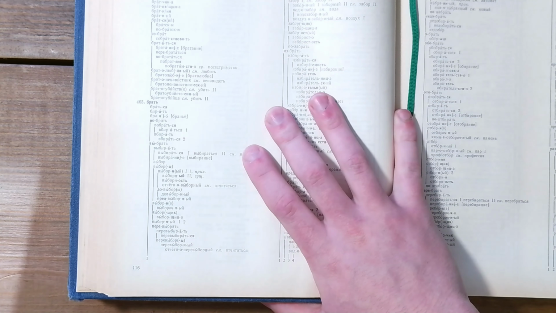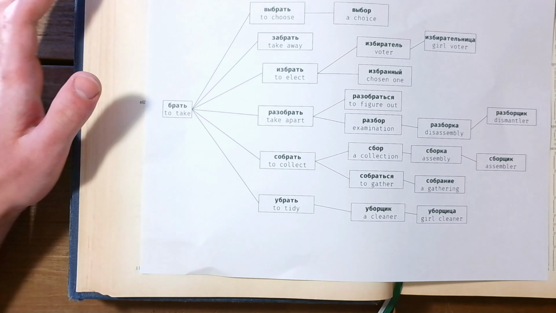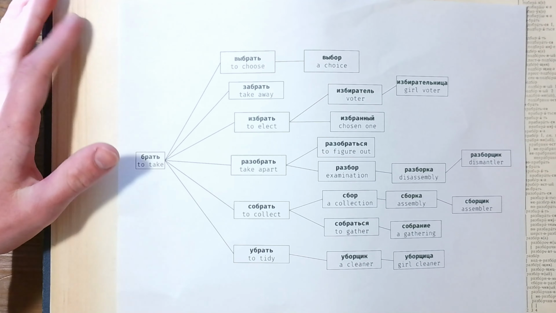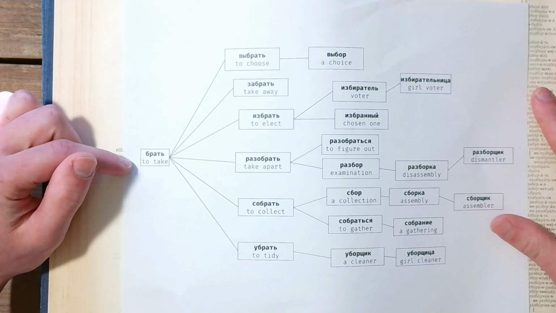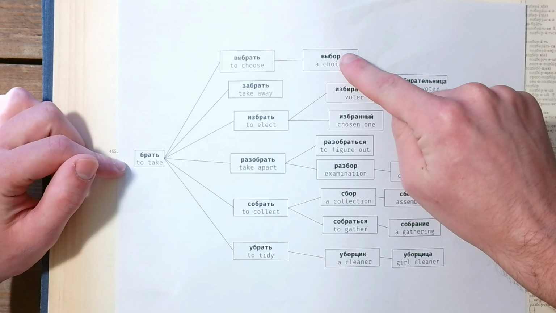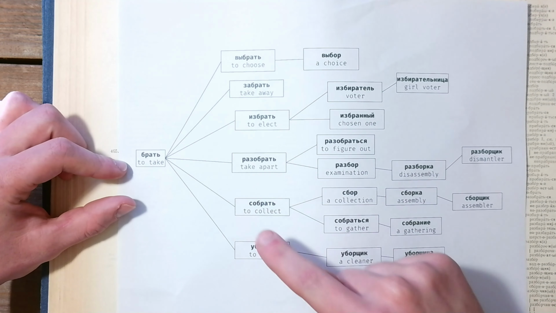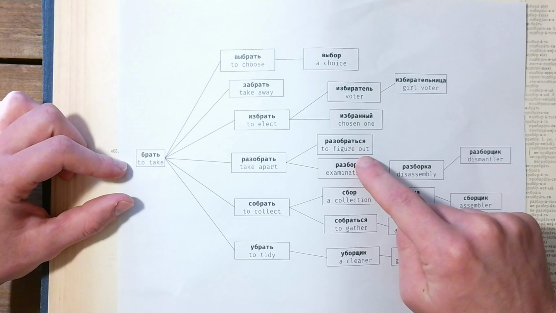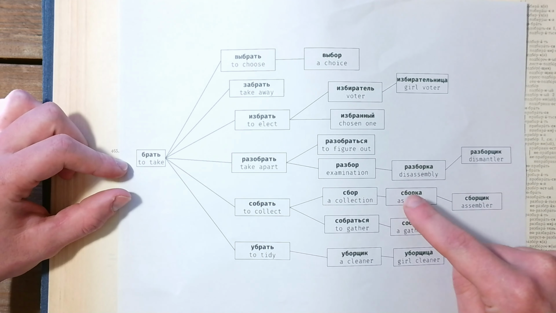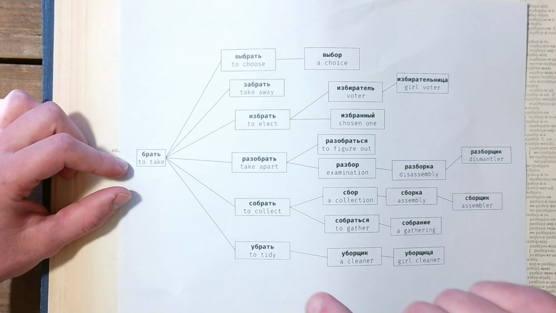For example, let's take the word nest брать. Брать, to take. Выбрать, to choose. Выбор, a choice. Разобрать, to take apart. Разобраться, to figure out. Разборка, disassembly. Разборщик, dismantler.